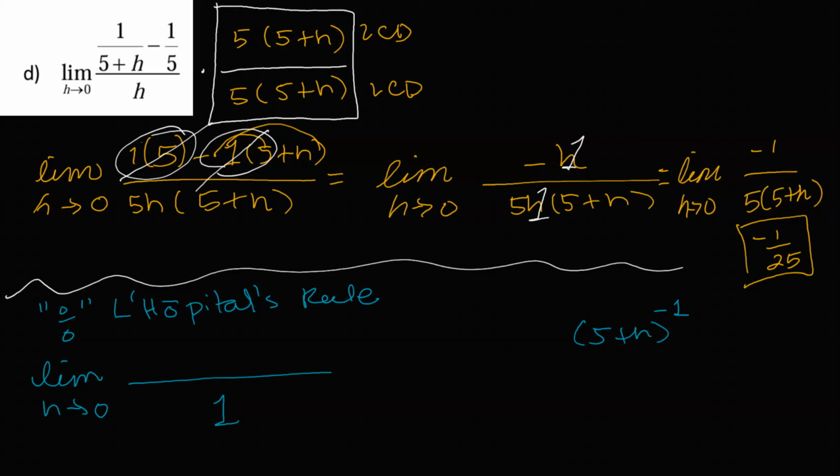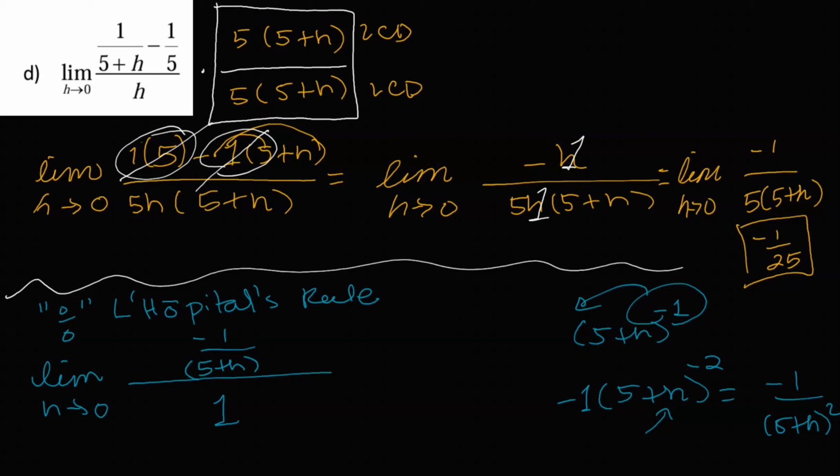So when I take the derivative, I would move the exponent down, so that would be negative 1 multiplied by 5 plus h, and then 1 less than negative 1 would be negative 2, which equals negative 1 over 5 plus h squared. And we don't have to worry about the inside derivative because it is 1, right?